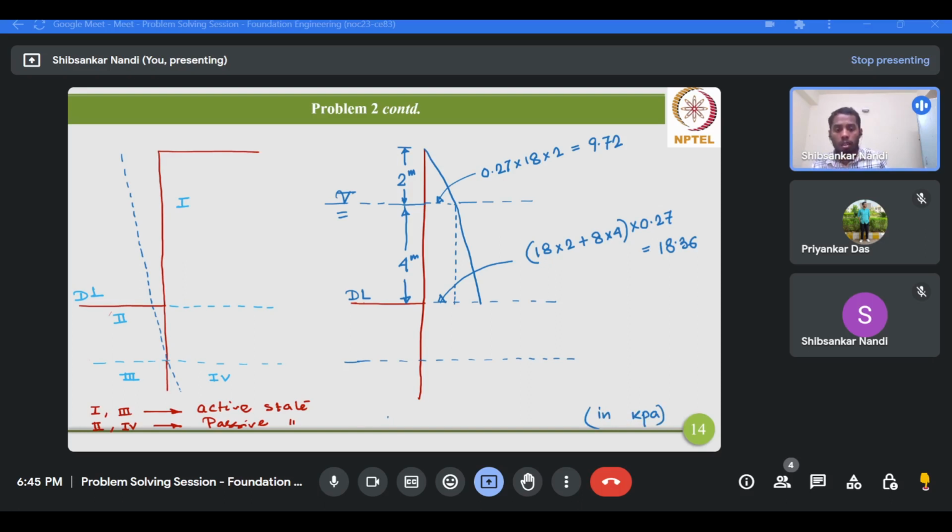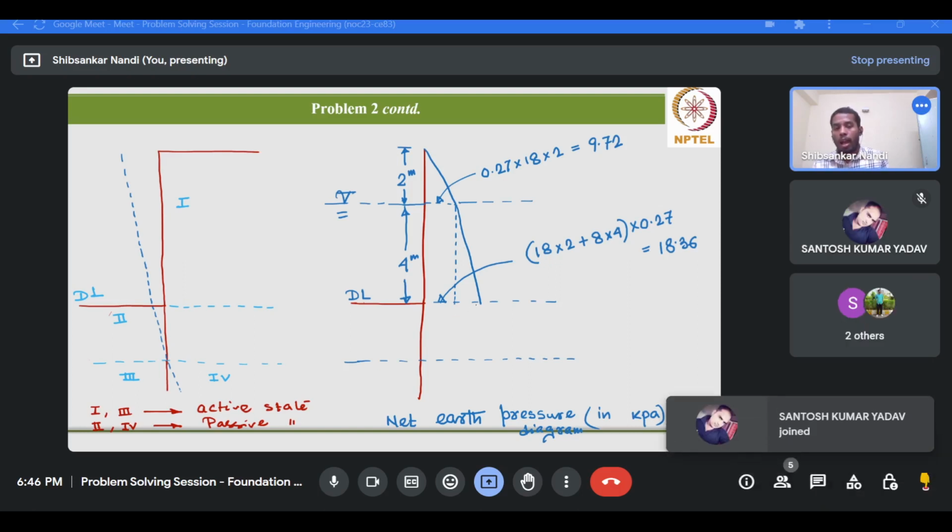Here we are determining the net earth pressure diagram. Up to this dredge level it's fine, because the active earth pressure you get for region 1 will be the net pressure, since in this void region there is no pressure to counterbalance this active earth pressure.